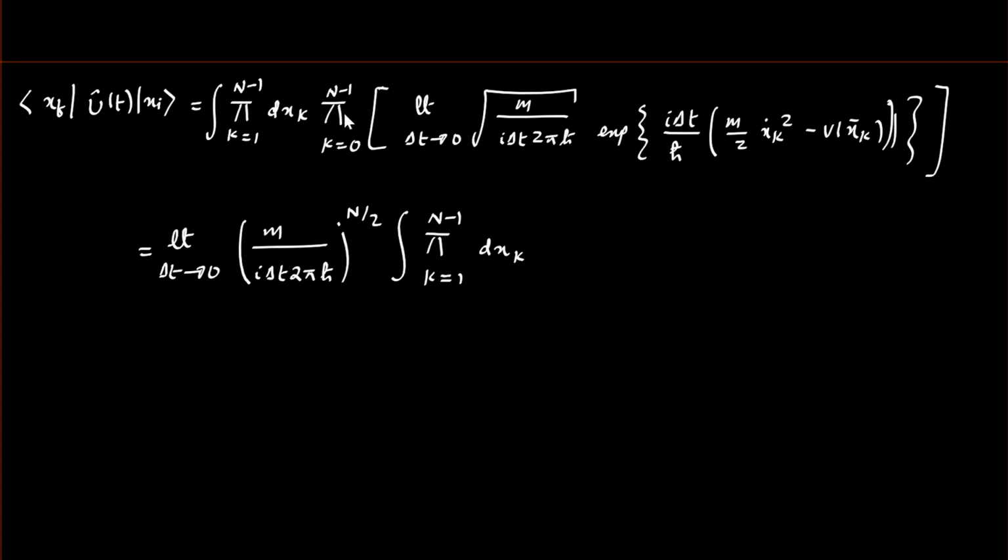Now we have this term also, but for this term also we have this multiplication symbol. So if we take this multiplication symbol inside this exponential, then it becomes the summation that we all know.